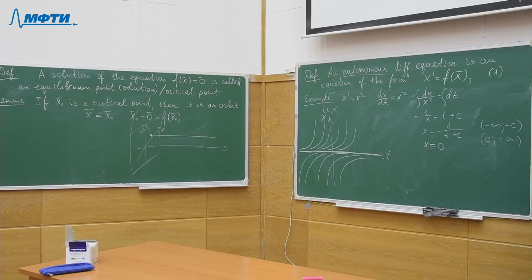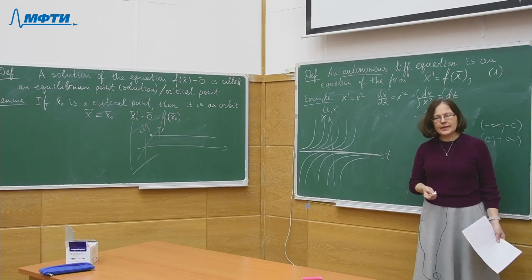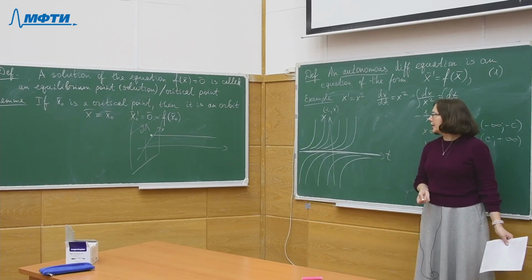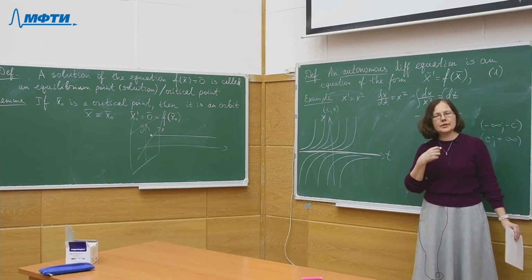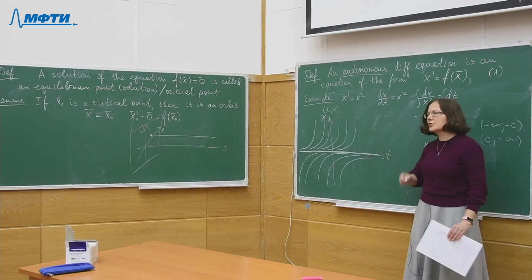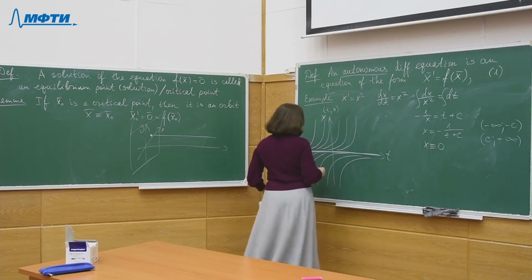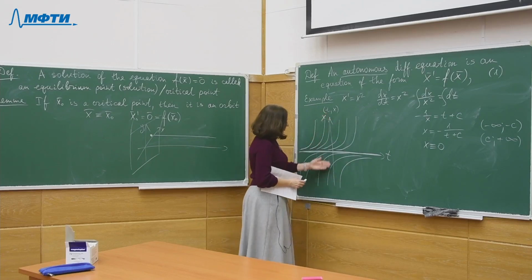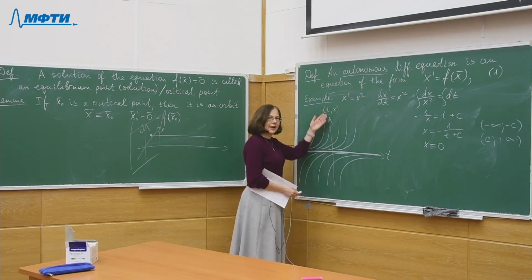These are maximal intervals. So these are integral curves as before, but what about phase portraits? We should consider projections of these integral curves. Our phase space will be one-dimensional, just this axis, right?